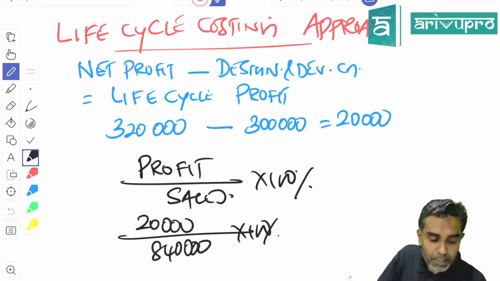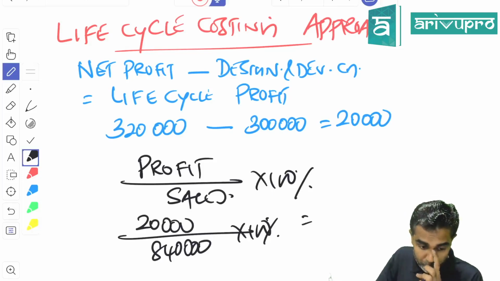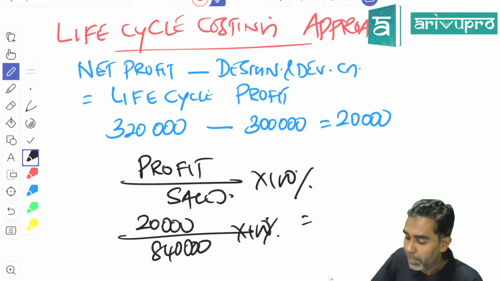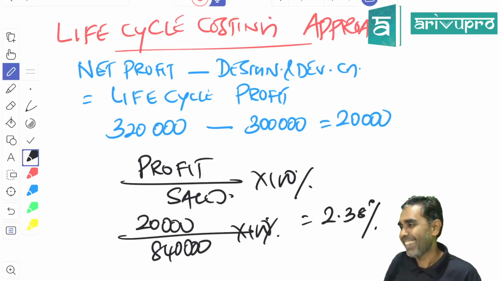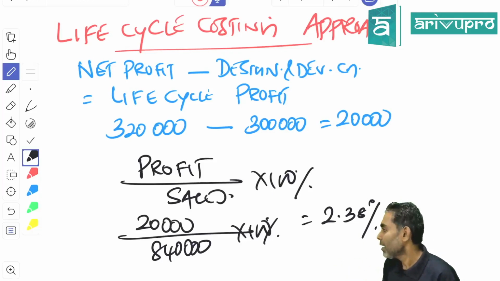That would give you 2.38%. If you include the life cycle costing concept, it is giving you only 2.38. Therefore, it is better to assess the performance including the life cycle cost. Understand what I said?